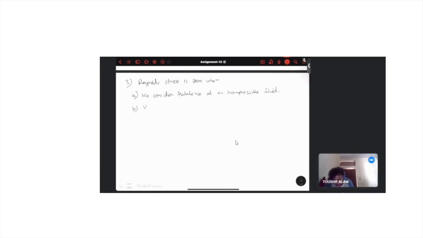Okay. Option B is velocity at each point of flow field is uniform.